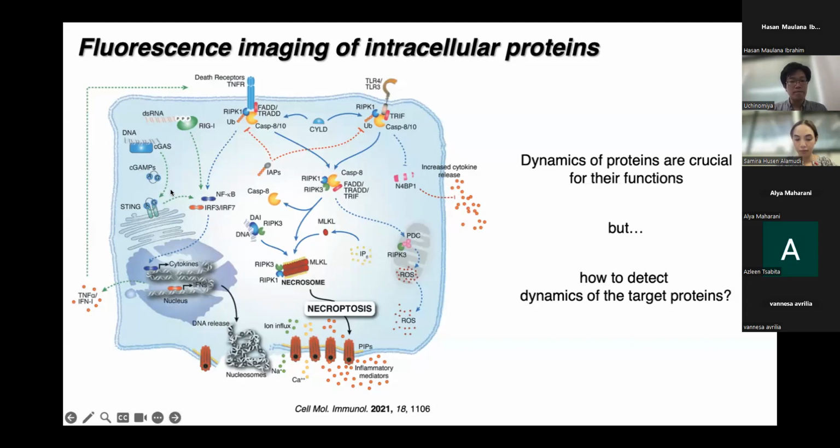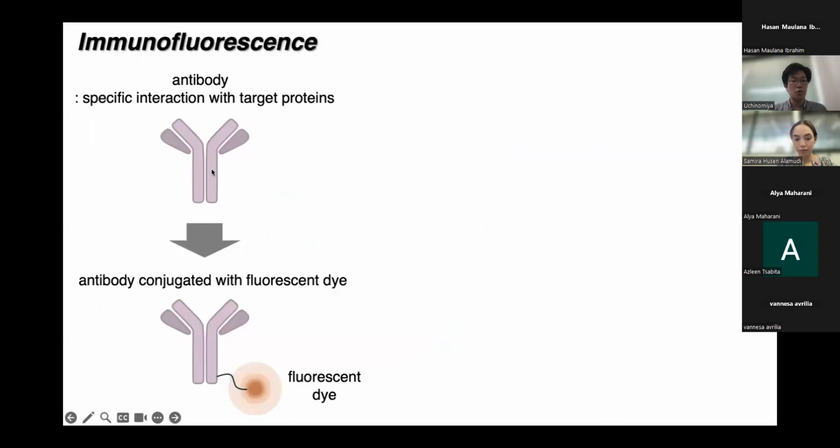However, how do we detect the dynamics of such target proteins? Of course, just by using the microscope, we cannot see the dynamics of the proteins. For this goal, we need to visualize proteins inside cells.